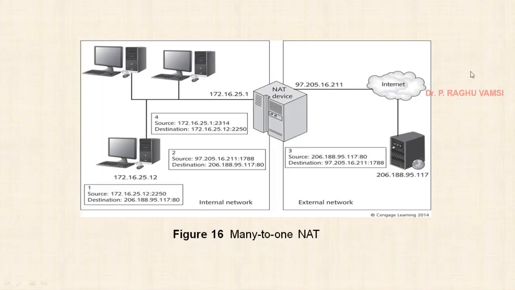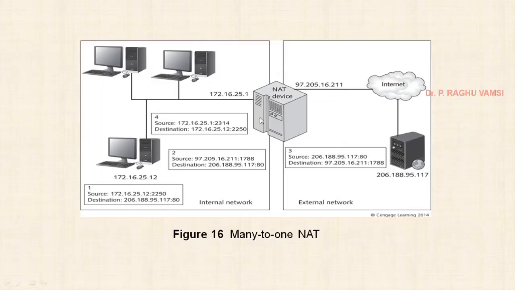So here is an example indicating the many-to-one mapping. If you look at this diagram, computers 1, 2, and 3 can all request the service at a time.